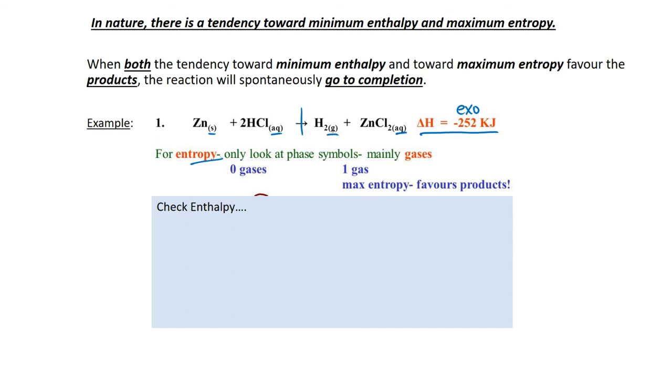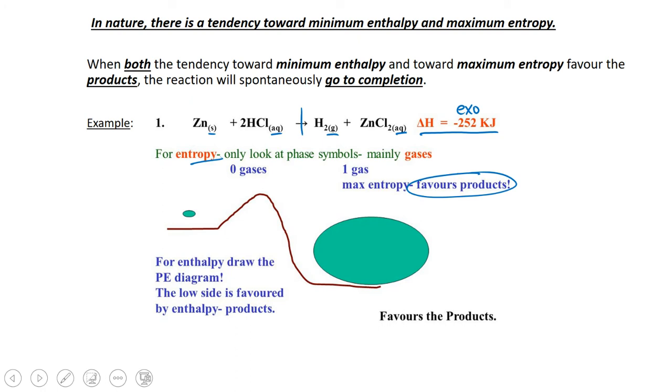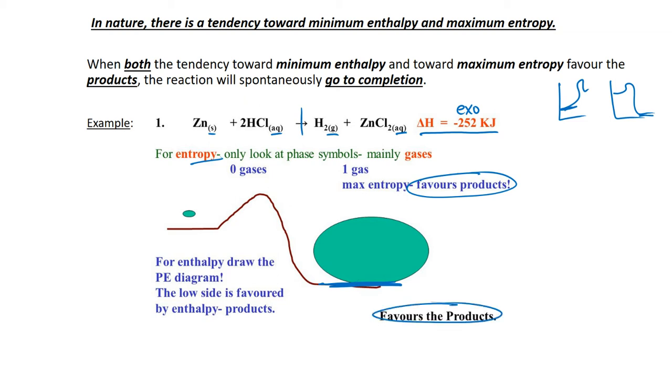So my right-hand side has the highest entropy, which favors the products. Check enthalpy. To compare enthalpy, you think about endothermic or exothermic, and which side is lower is where it wants to be. We know this is exothermic, so that's going to be lower energy, lower enthalpy on the product side. So it favors the products.